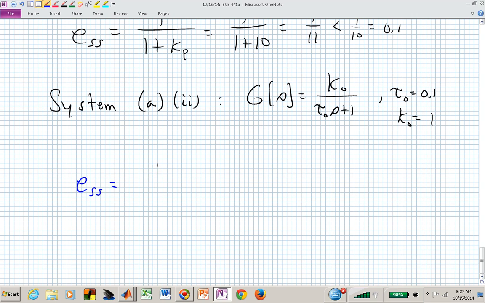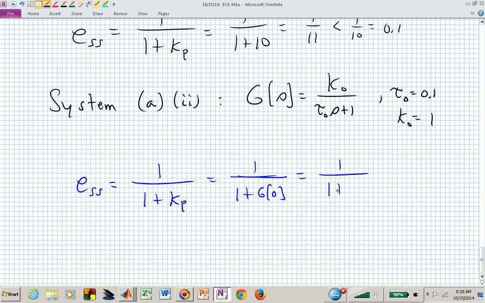The steady state error due to a constant input is 1 over 1 plus k sub p. And what was k sub p? That was the position error constant, which is the DC gain for a type 0 system. What's our DC gain for this system? It's 1, isn't it?